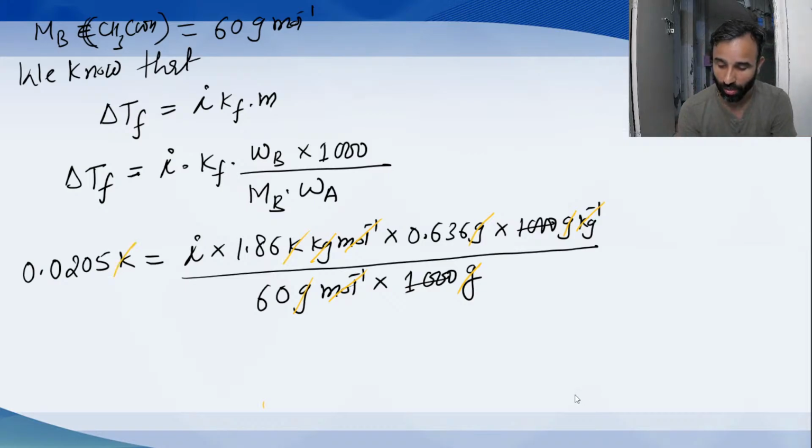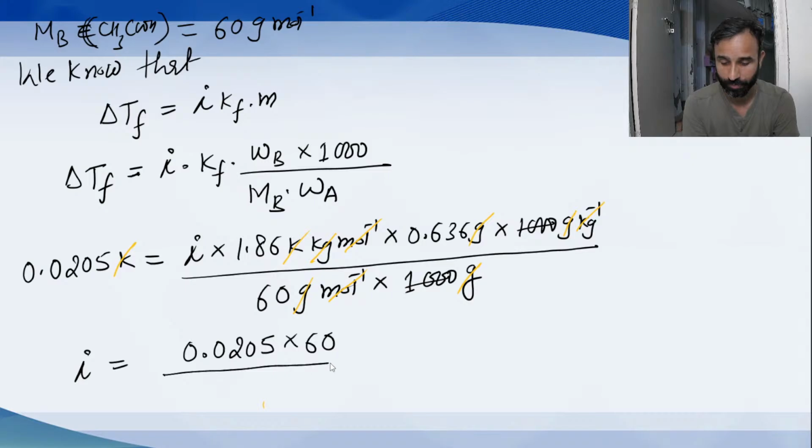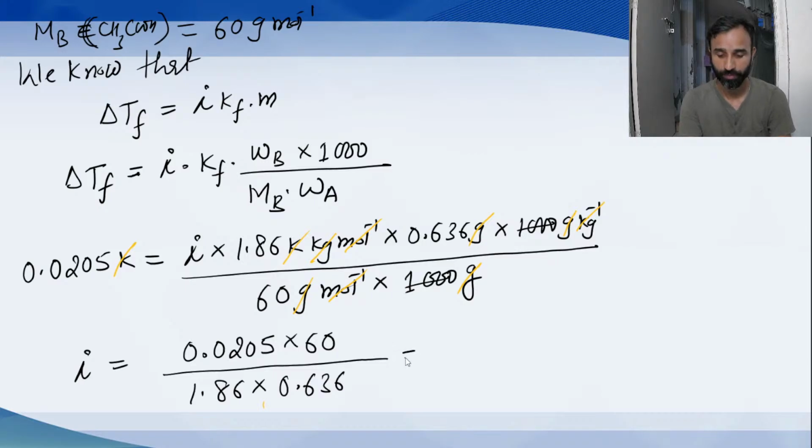That you know all. So I is equal to 0.0205 into 60 divided by 1.86 into 0.636, right?